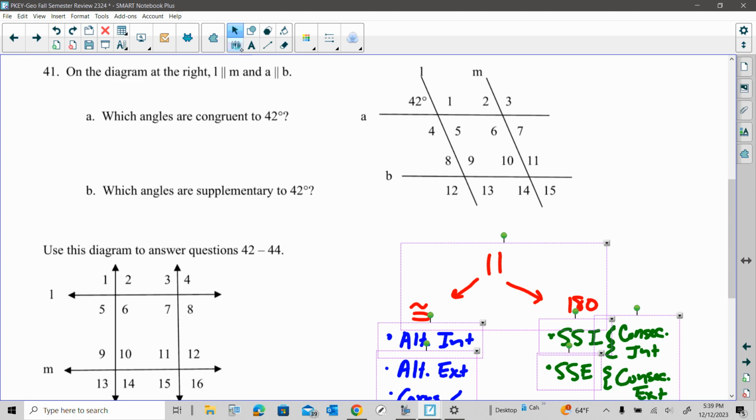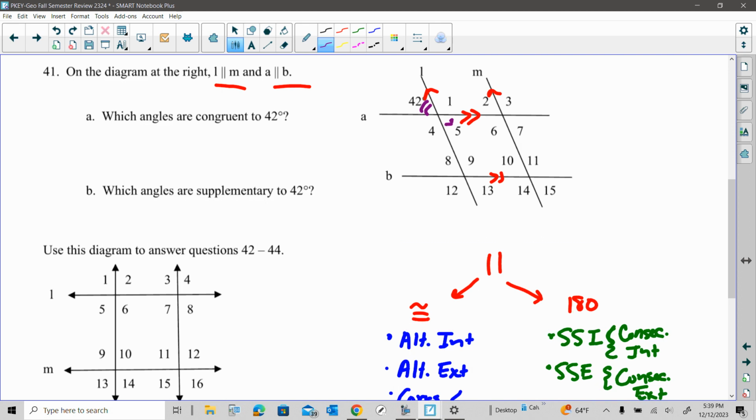Now on 41, they're telling me that both sets of lines, L and M and A and B, are parallel. So which angles are congruent to the 42? Well, the pattern is going to hold. Whatever happens here is going to happen down.